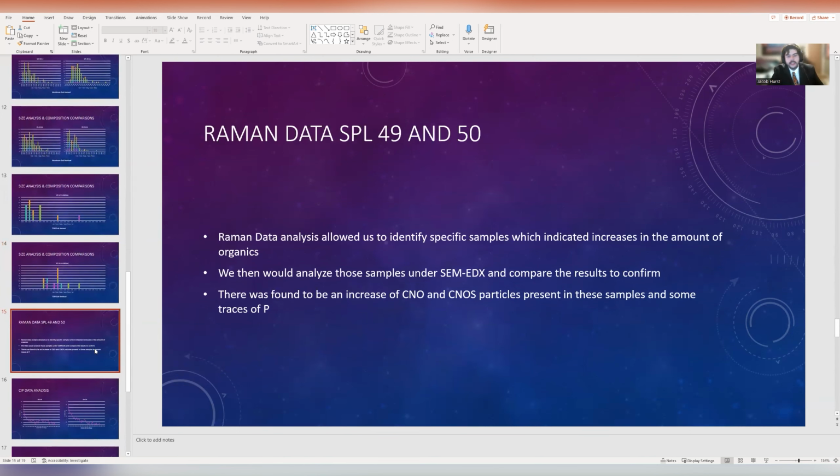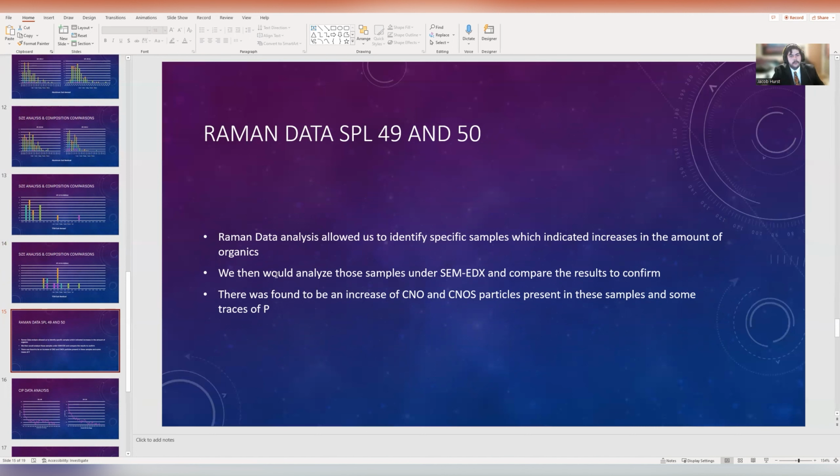All right, so now I'll go on down to the Raman data for SPL and 49 and 50. Our Raman data analysis allowed us to identify specific samples which indicated increases in the amount of organics. The ones specifically identified were 49 and 50, I think those two were the most specific ones.